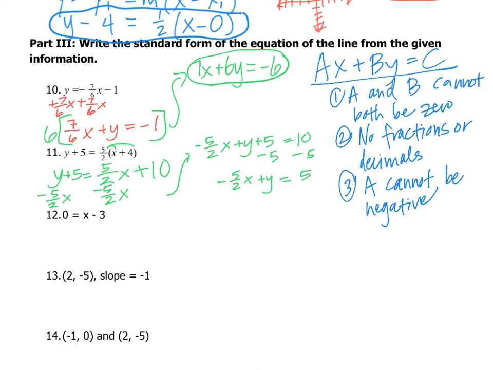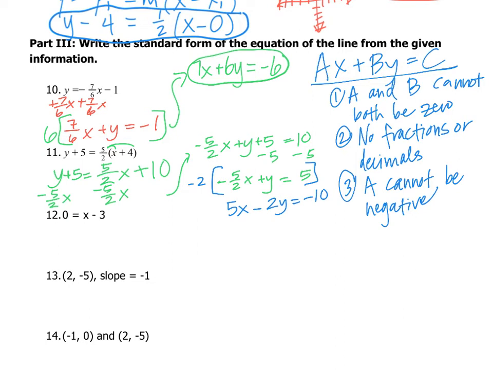I'm kind of killing 2 birds with 1 stone, knocking 2 things out in one process, okay? So I'm going to multiply by -2, and when I do that, I get 5x minus 2y equals -10.